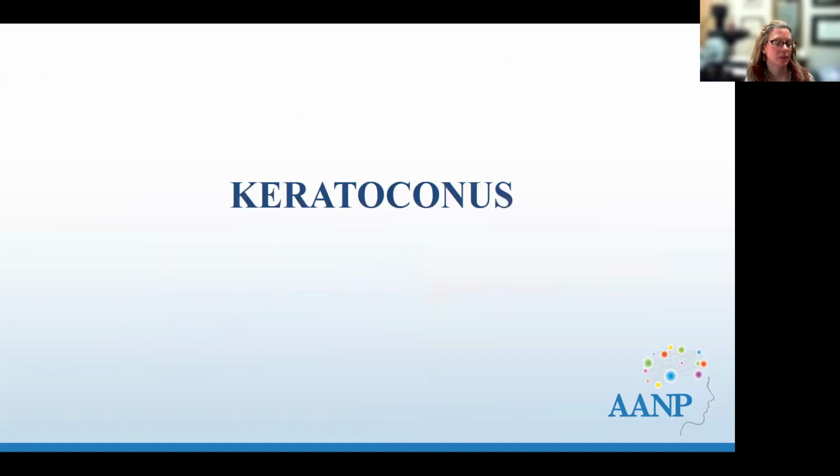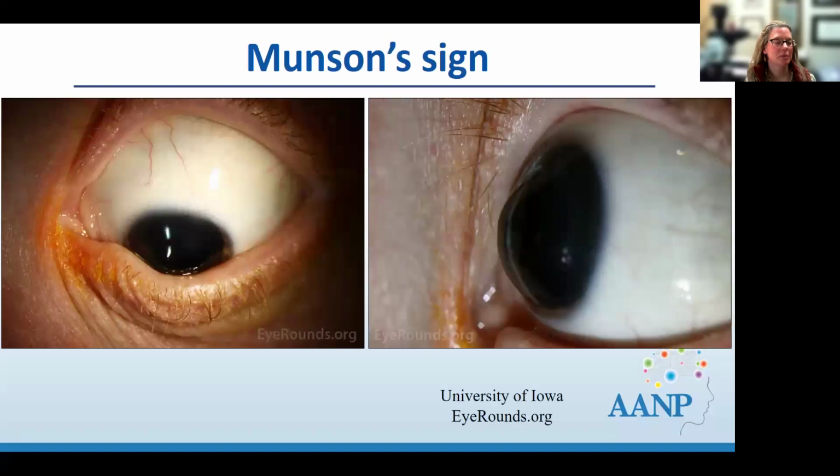Okay. All right, keratoconus. This one's neat too. There's something called Munson sign. It looks literally like there's a pyramid that projects from the corneal surface right at the edge of the limbus, where it projects outward and looks like a cone. And these photographs are from the University of Iowa.